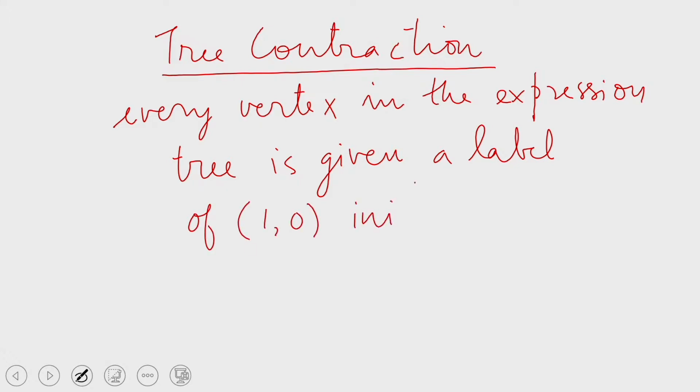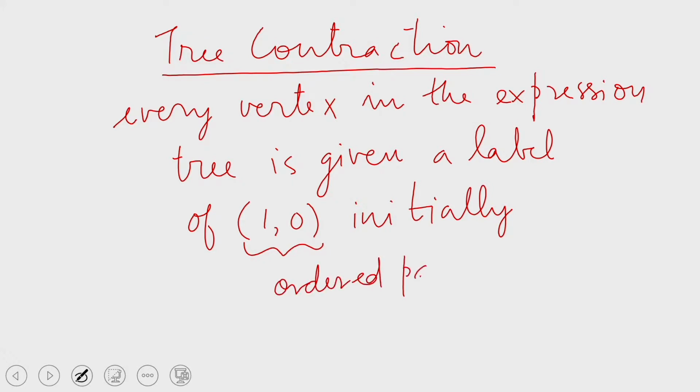So, every label that we are going to use is an ordered pair of integers, and as the algorithm proceeds, the labels will keep changing.